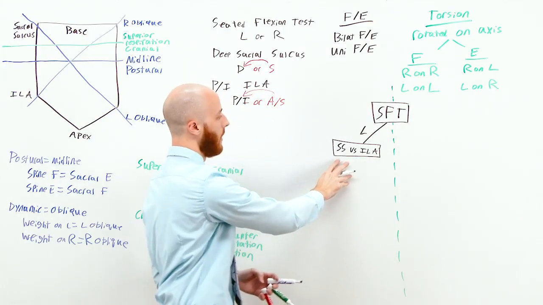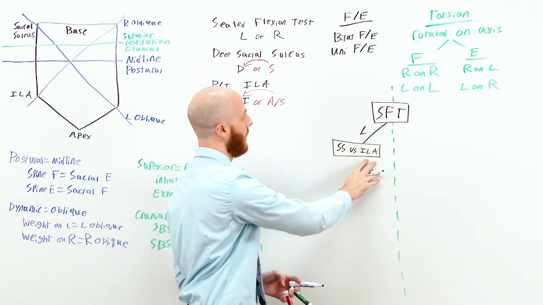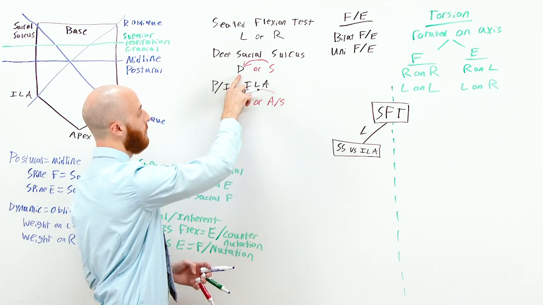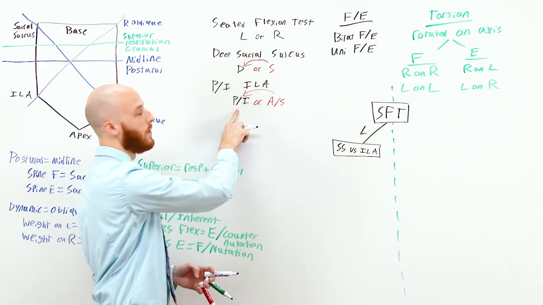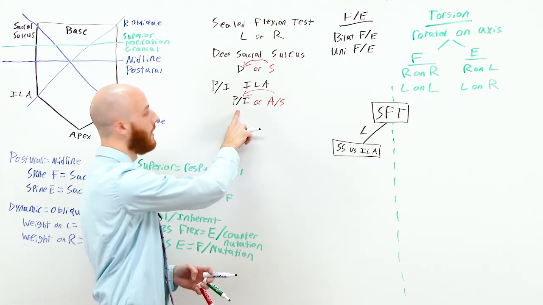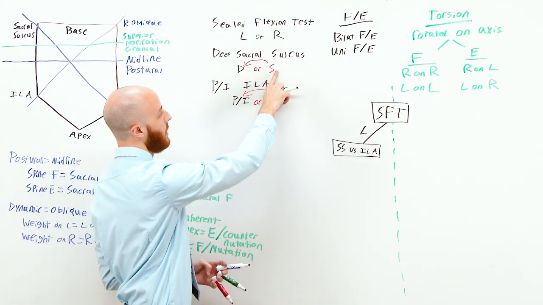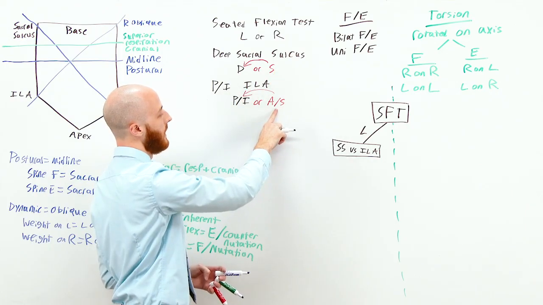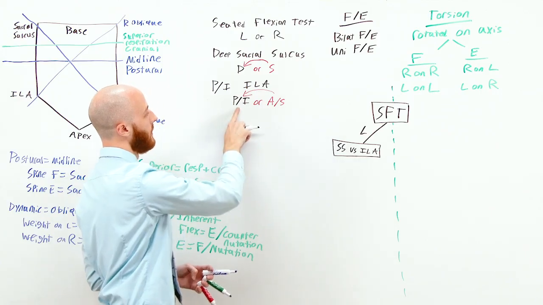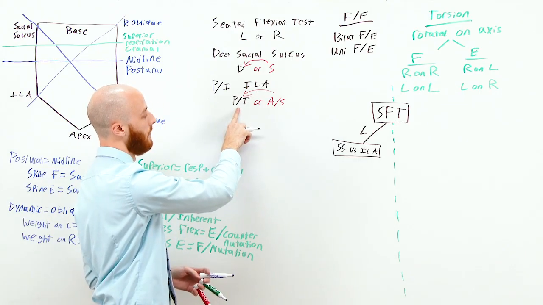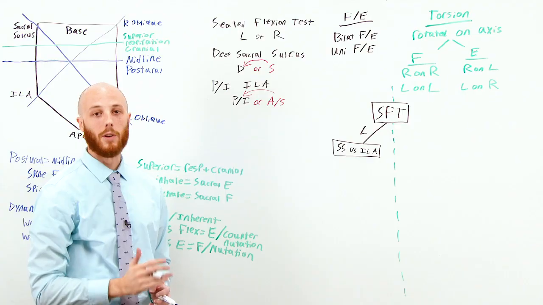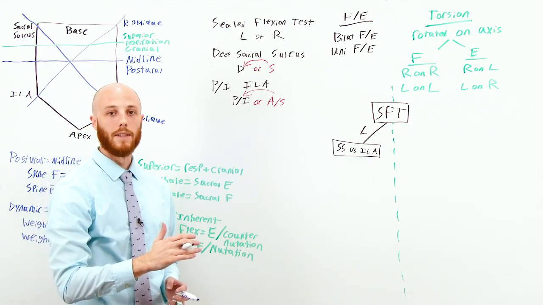Now remember, when you're interpreting the sacral sulcus findings and the ILA findings, you always want to put it into deep sacral sulcus and posterior inferior ILA. So if they tell you that one side is shallow, the other side is deep. Or if they tell you one side is anterior superior, the other side is posterior inferior. The next thing that you need to understand is that this can either happen on the right side or on the left side of the sacrum.